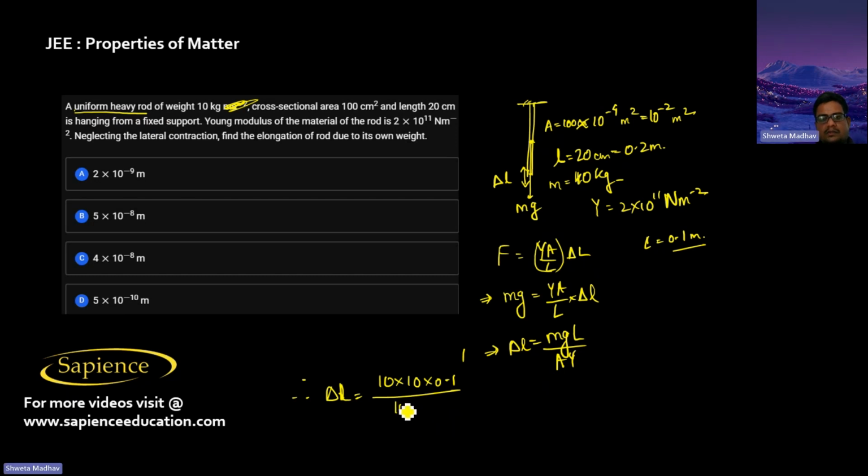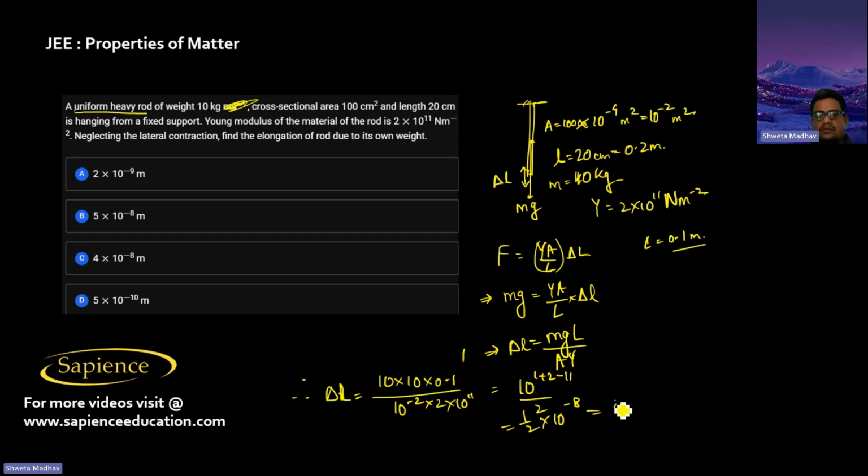The A that is 10 power minus 2 times Young's modulus that is 2 into 10 power 11. So this will be 10 power 1 plus 2 minus 11 divided by 2, which is half, into 10 power 3 minus 11, that is minus 8. Which is 0.5 obviously.